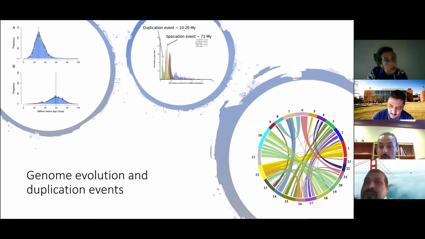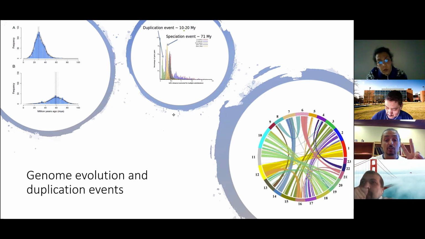Here is the very interesting part, when you're talking about genome evolution and duplication events. Very important. In the history of olive, we had two major duplications. An old one, 60 million years ago, that was estimated by 4DTv.